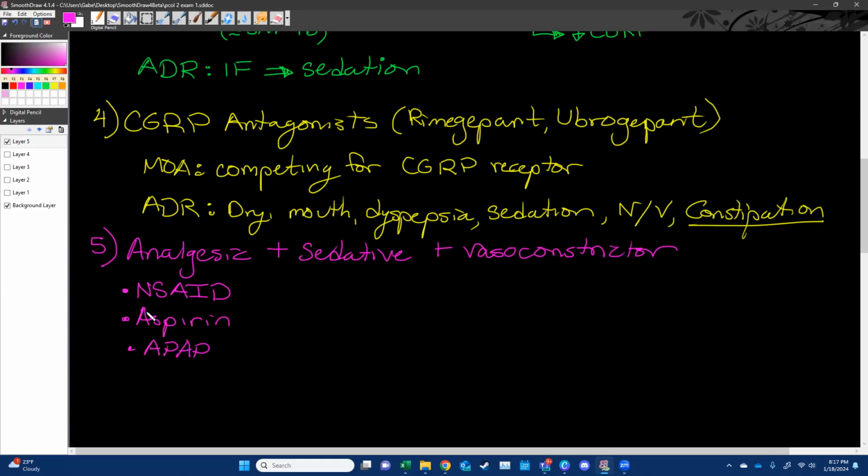Like, can you give an NSAID to someone in kidney failure? Who shouldn't be getting an aspirin? Who shouldn't be getting acetaminophen? Don't go too in depth because this is last semester material, but definitely know, NSAIDs a lot of them go through the kidney, acetaminophen goes through the liver, aspirin, salicylate. Also watch out for people who might be on blood thinners, right? We don't want to interact with that.